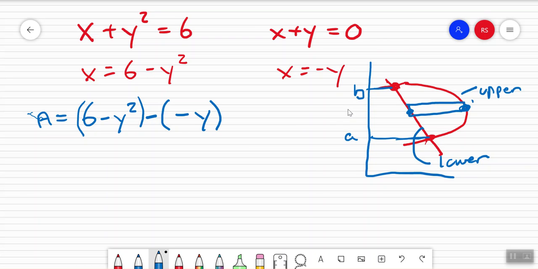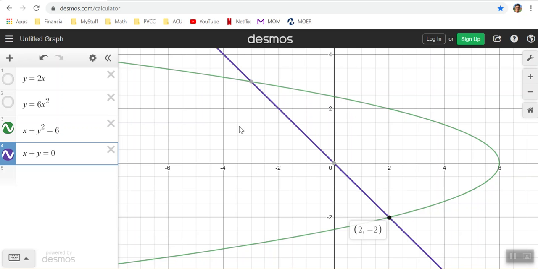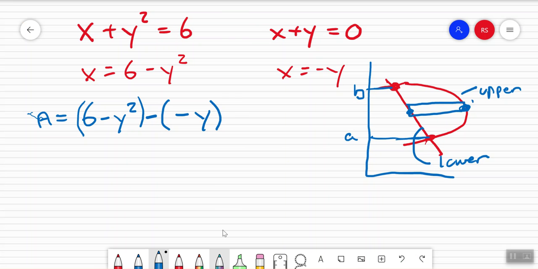So we can go back to Desmos, take a look at what we had there, and the y values there were 3 and negative 2. So we are going to set this up so that the bounds of integration are going from 3 to negative 2.